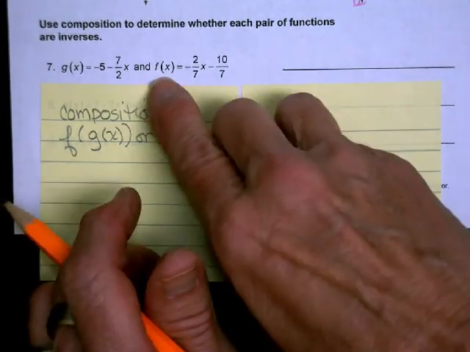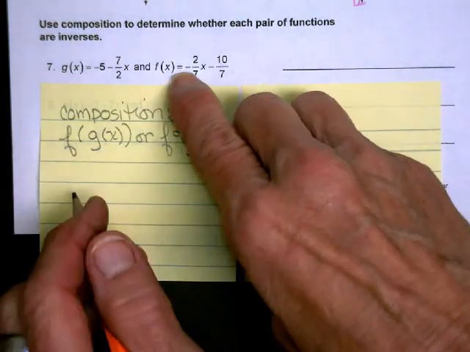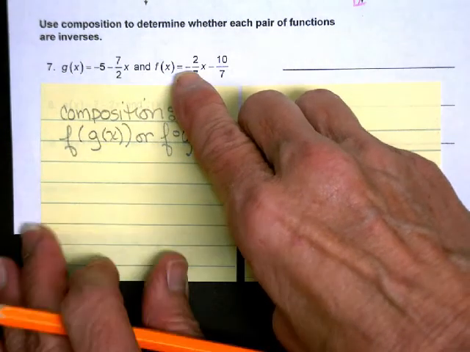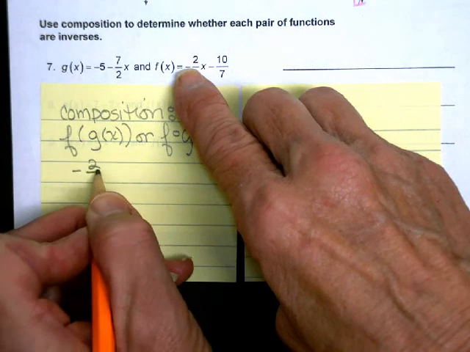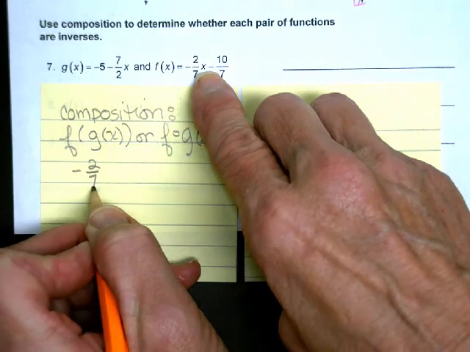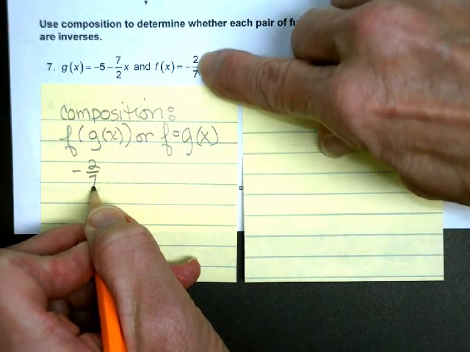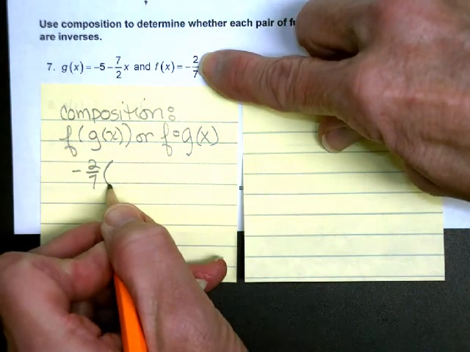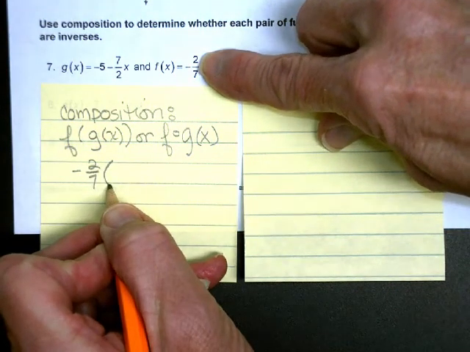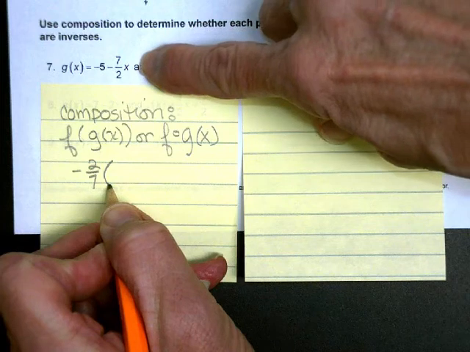So let's actually do it. For f, I'm going to start writing the function. I'm going to put a negative 2 over 7, but instead of an x, that disappears. Don't rewrite it. Put a nest, a parenthesis, a hug.